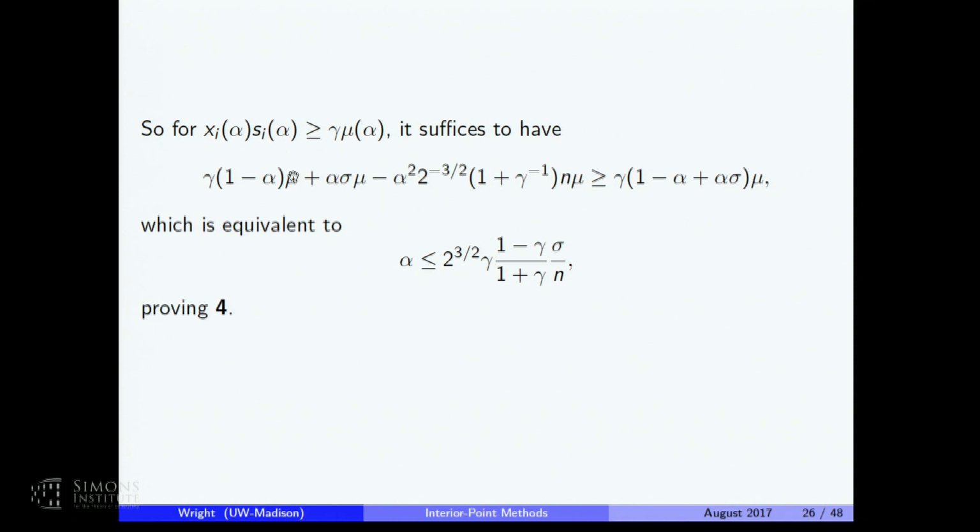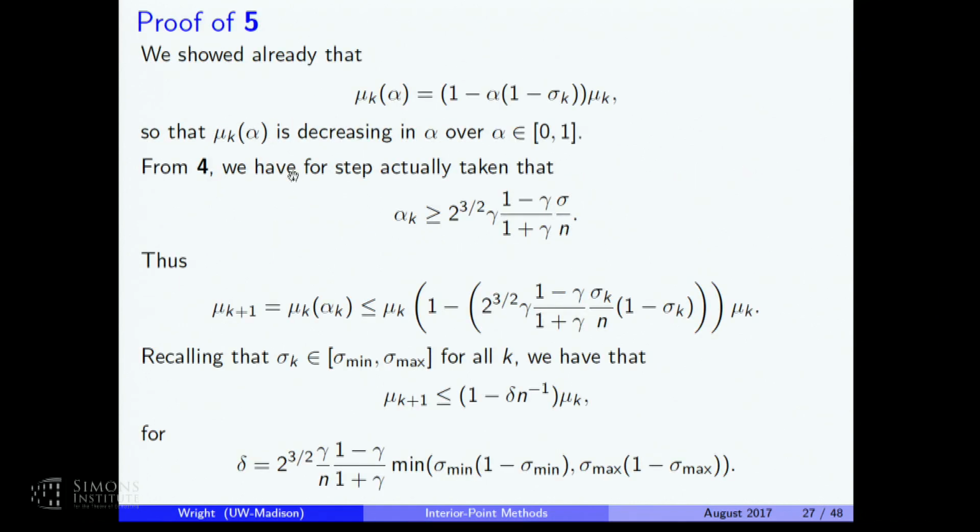So the fact that it should be upper bounded by sigma makes sense, but the gamma is a little less intuitive. It says you're playing with fire if you allow a very wide neighborhood, because you're always operating very close to the boundary. So you're only going to be able to take small steps, small but not trivial.